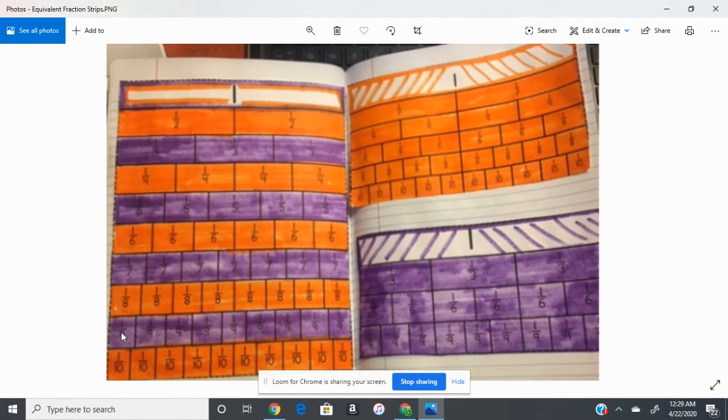And then 9, we look at 9, I'm not sure, let's see, okay. 2 of these 9ths might match up to this 1/5. That's hard to see in the picture. And then we have 10. So right here is half. 5/10 is the same as 1/2 because 5 is halfway to 10. 5 plus 5 is 10.